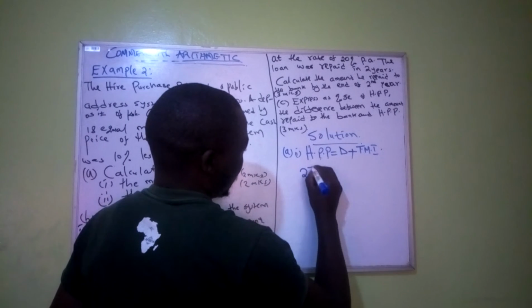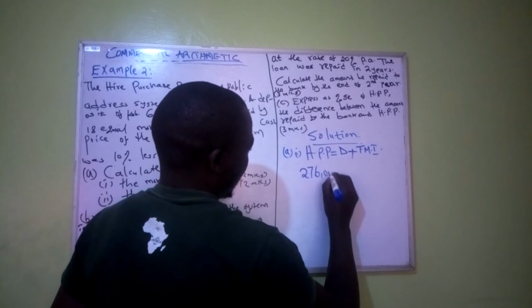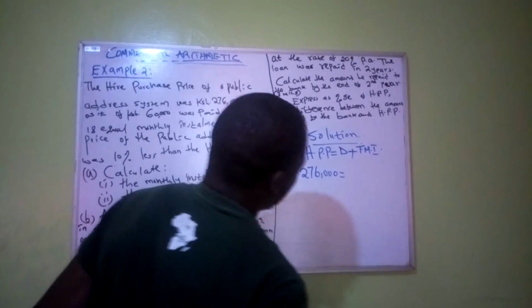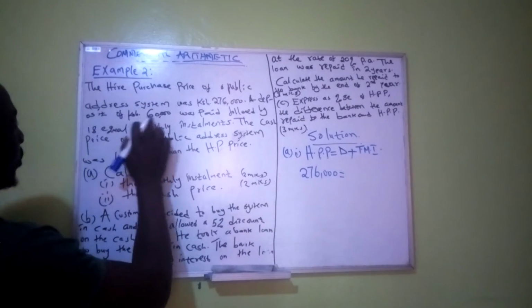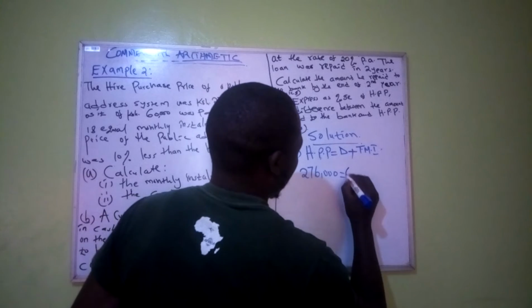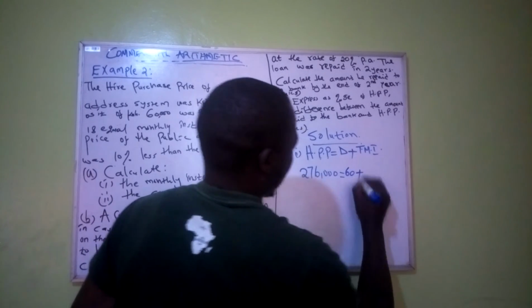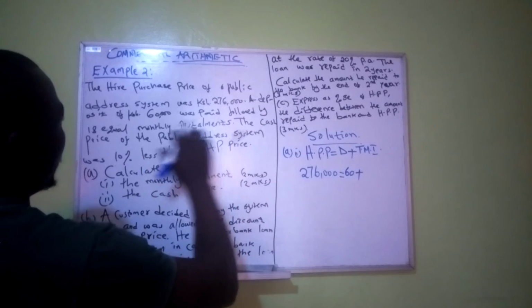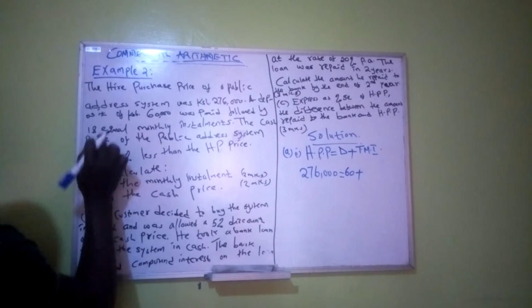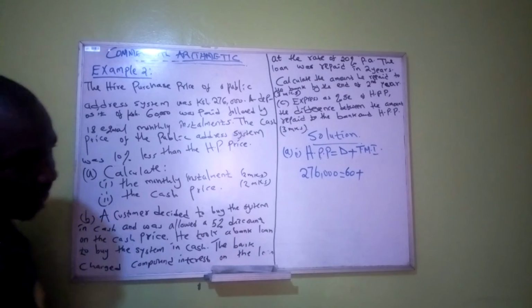hire purchase 276,000 is equal to a deposit of 60,000 plus 18 equal monthly installments.